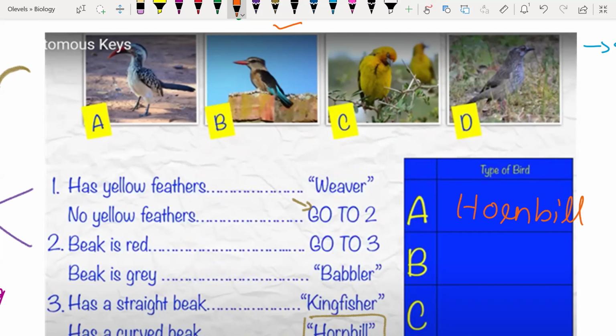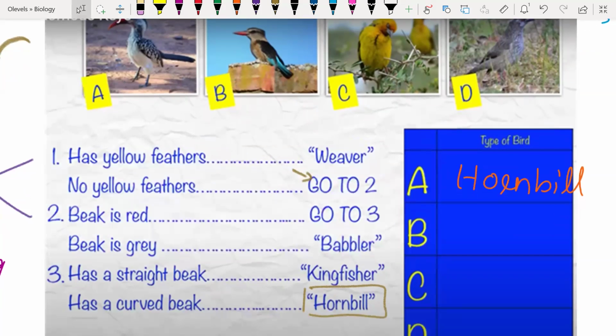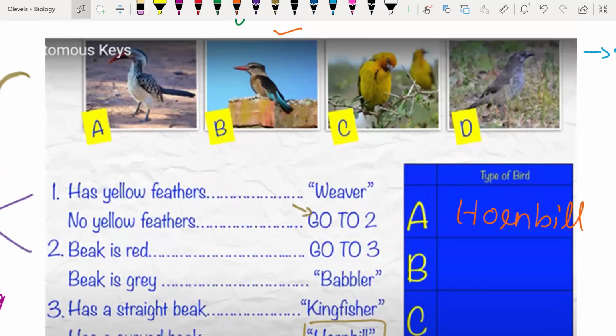In this case, if its beak is red, then you have to go to three. And if its beak is gray, then it's a babbler. So its beak is red, right? It does have a red beak here.